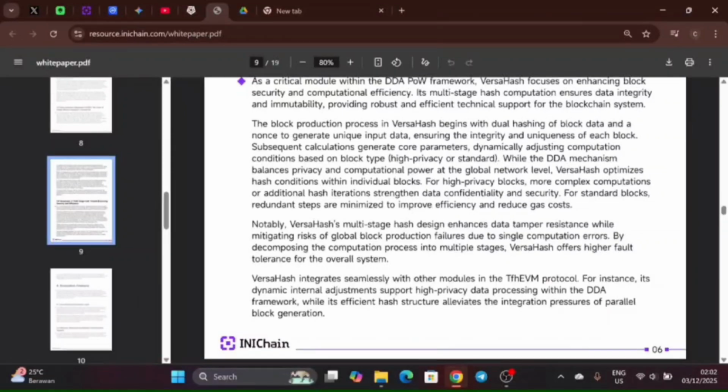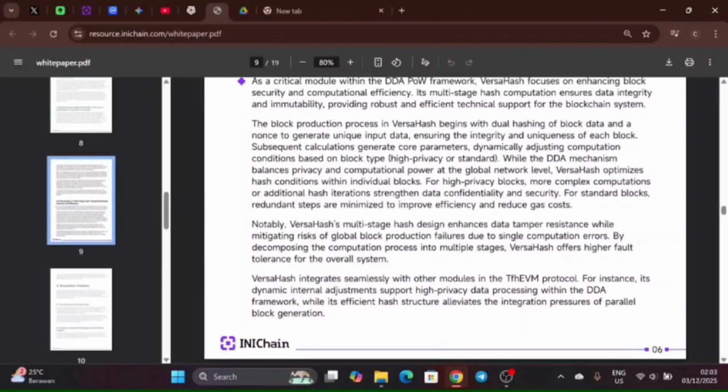Notably, the multi-stage hash is designed to enhance data tamper resistance while mitigating the risk of global block production failure due to a single computation error. By decomposing the computation process into multiple stages, Versa Hash offers high fault tolerance for the overall system.